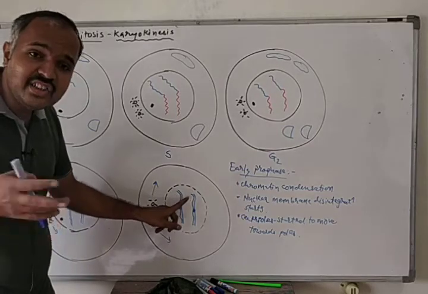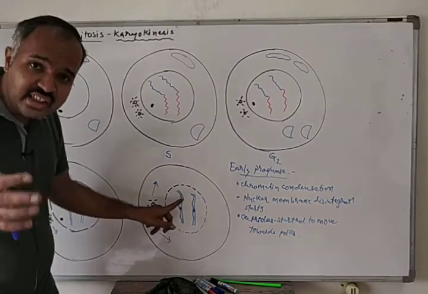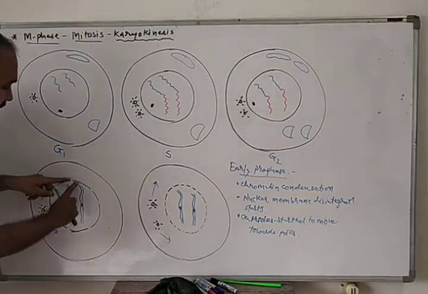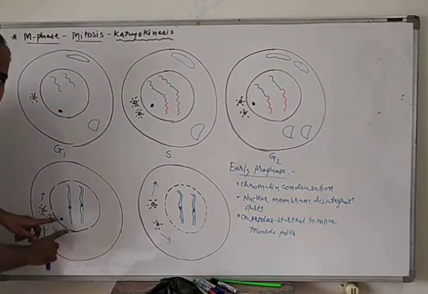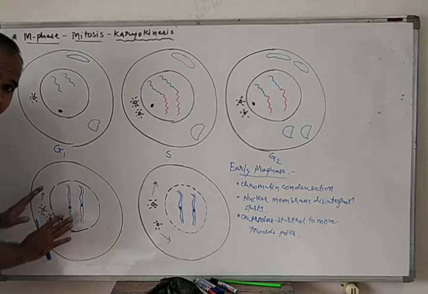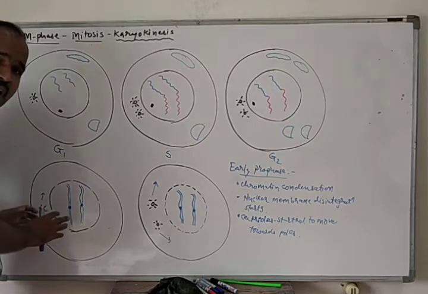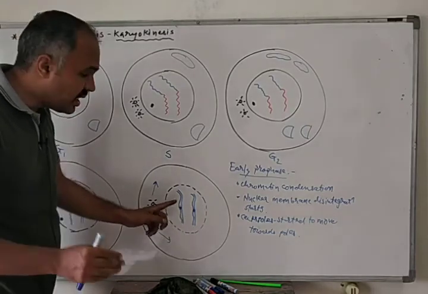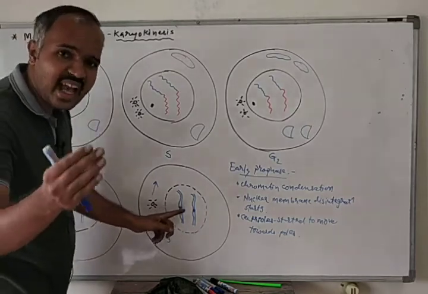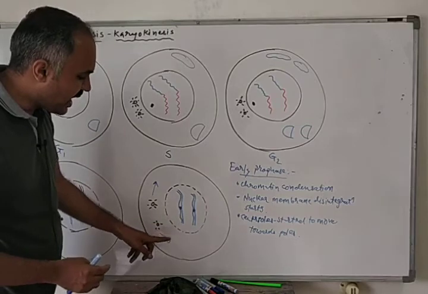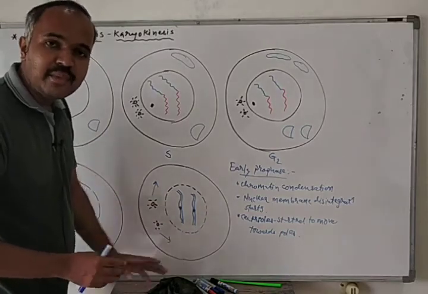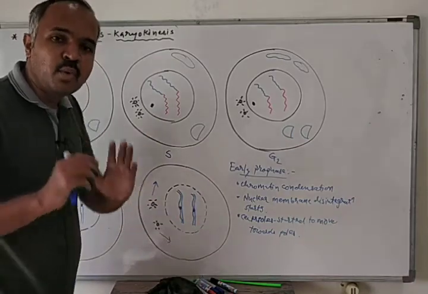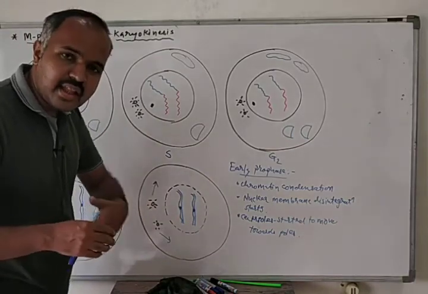Nuclear membrane disintegration has reached the next level. Here it had just begun, but here it has increased further. Then we will say that Golgi body and endoplasmic reticulum have been removed.